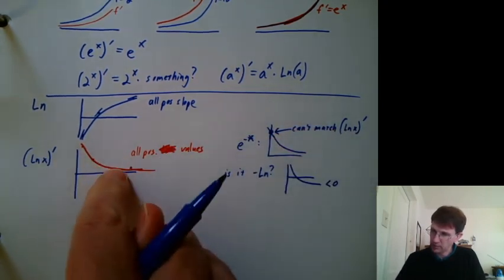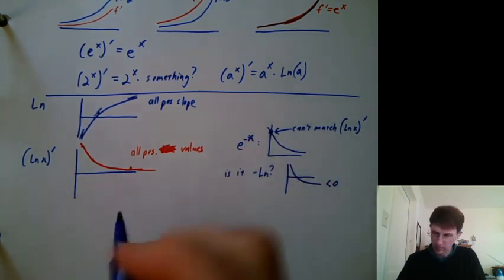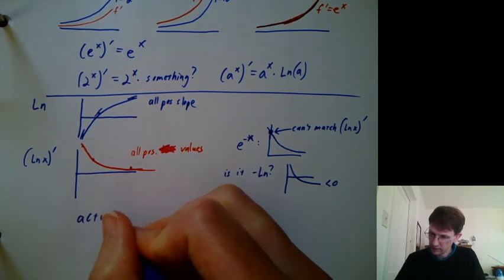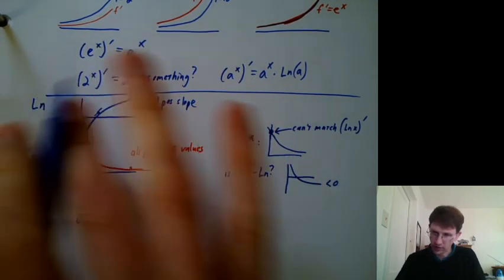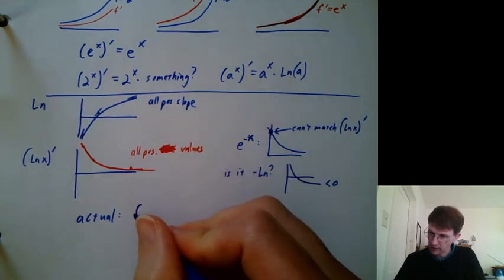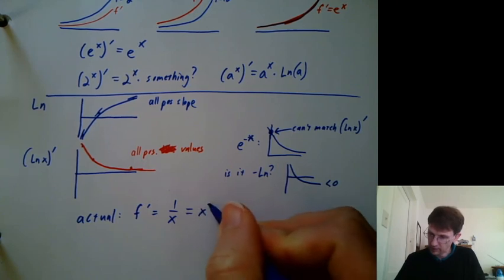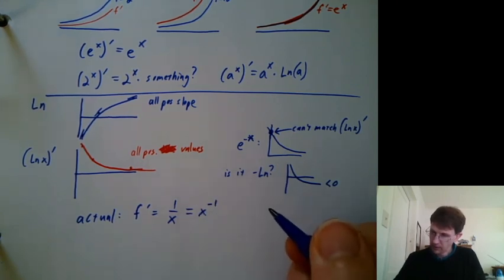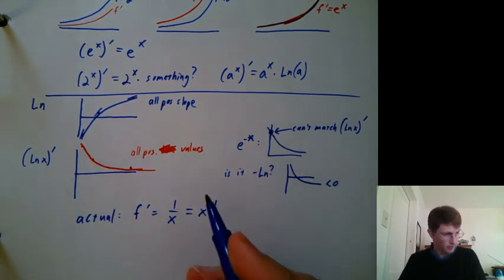So this shape is not e to the negative x, and it's not negative log. What it is actually, and it's almost impossible to figure this out just from knowing about log, the derivative is actually 1 over x, or you could say it's x to the negative 1. And we'll see that later in the semester as well.